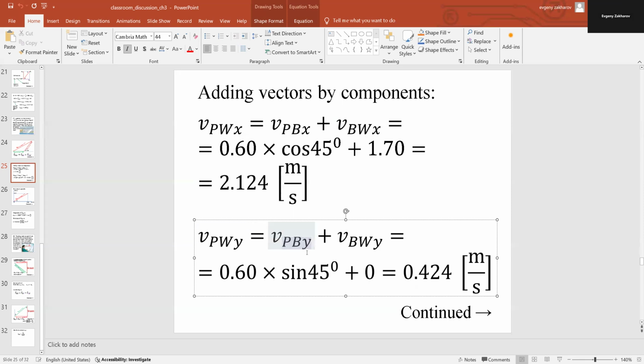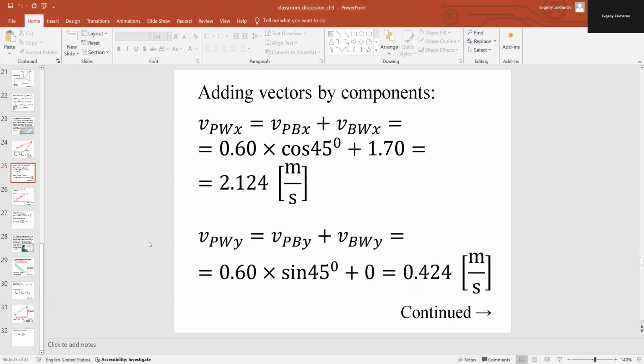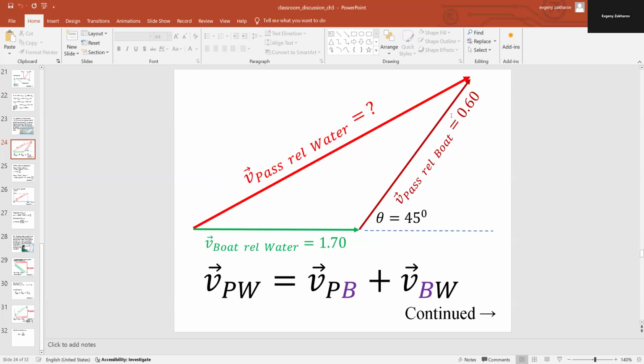And it's the y component for this dark brownish vector. You want the y component. Remember, there is a right triangle. And we just found the adjacent side for x component.